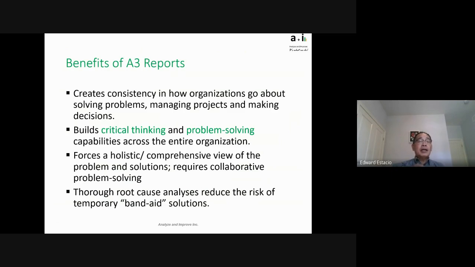It forces a view of the problems and solutions. It's collaborative because when you do this, you have to do this in a team environment, not by yourself. And it's a thorough root cause analysis that reduces the risk of the temporary band-aid solutions that most of the time we put in place. That's why problems occur over and over again.